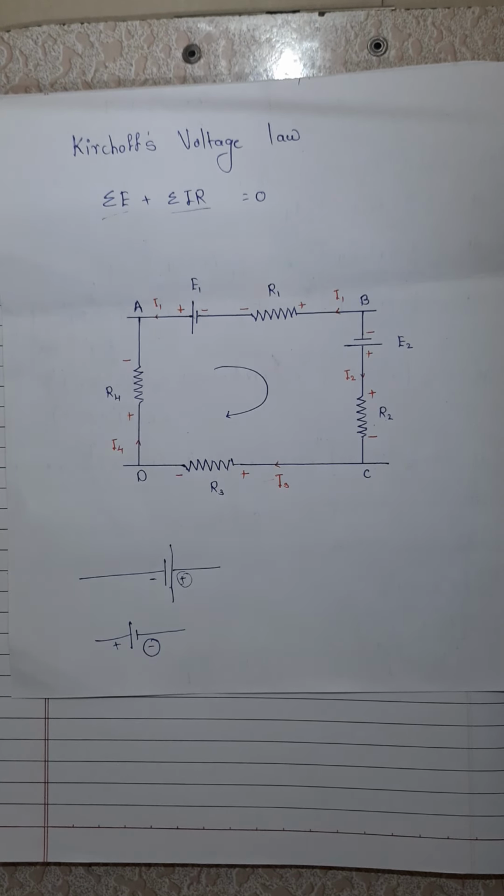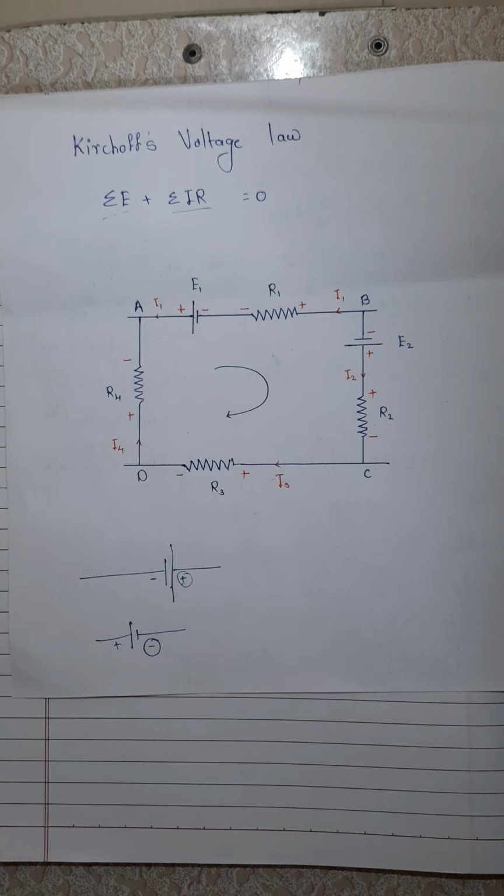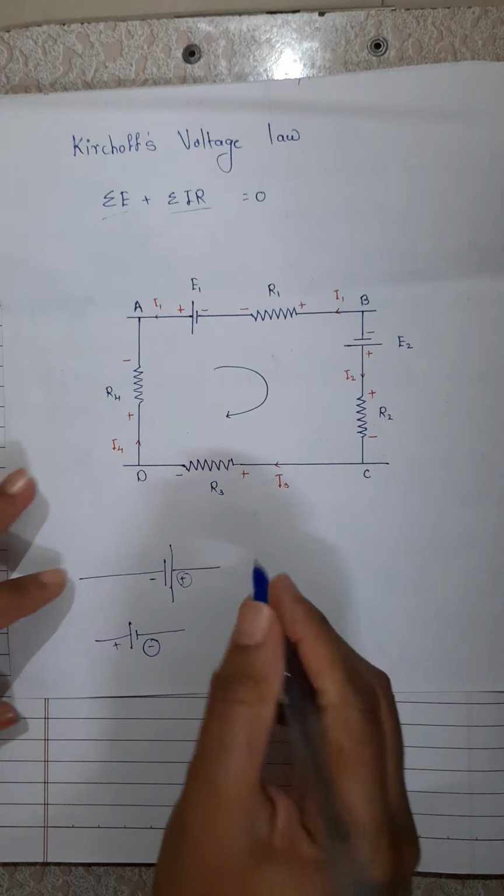And in case of a resistor, if we go through it in the direction of current, there is fall in potential, because we know that the current always flows from a point at higher potential to a point at lower potential. So the potential drop across the resistor should be considered as negative.